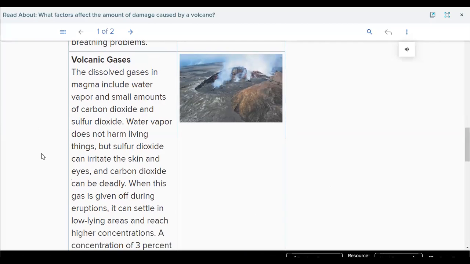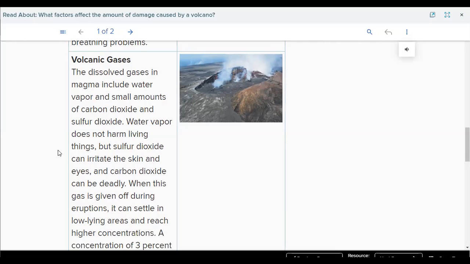Water vapor does not harm living things, but sulfur dioxide is a chemical substance which is produced from a volcano, called sulfur dioxide.